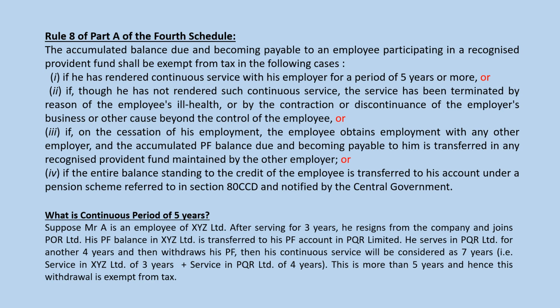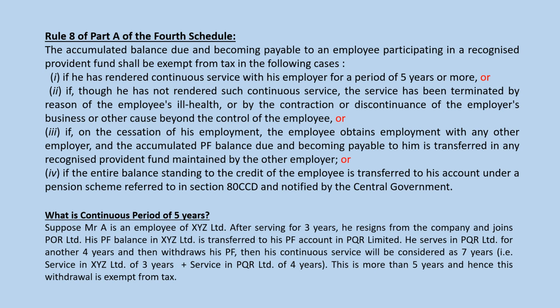Now, what is a continuous period of 5 years? Suppose Mr. A is an employee of XYZ Limited. After serving for 3 years, he resigns from the company and joins PQR Limited. His PF balance of XYZ Limited is transferred to his PF balance in PQR Limited. He serves in PQR Limited for another 4 years and then withdraws his PF.